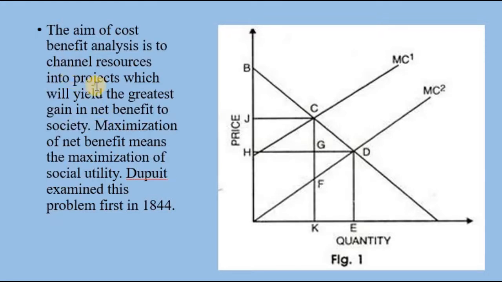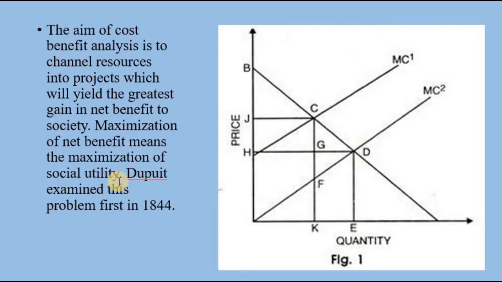Here the maximization of net benefit means the maximization of the total, or summation, of social utility. And Dupuit explained this for the first time in 1844.